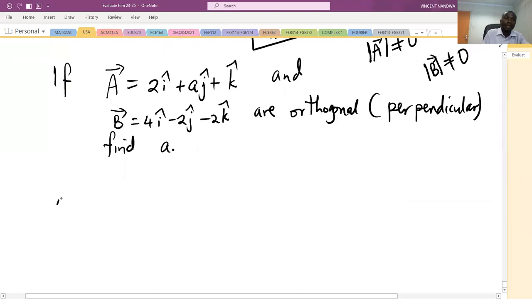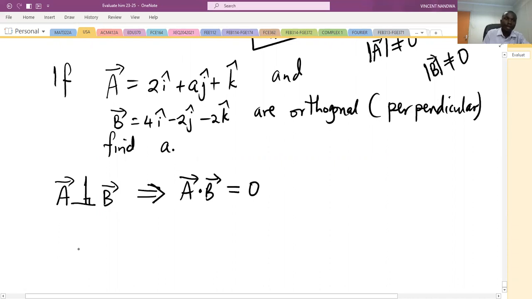So just say A is orthogonal to B implies that the dot product of A and B is zero. And we know that A dot B is given by A1 B1 plus A2 B2 plus A3 B3.